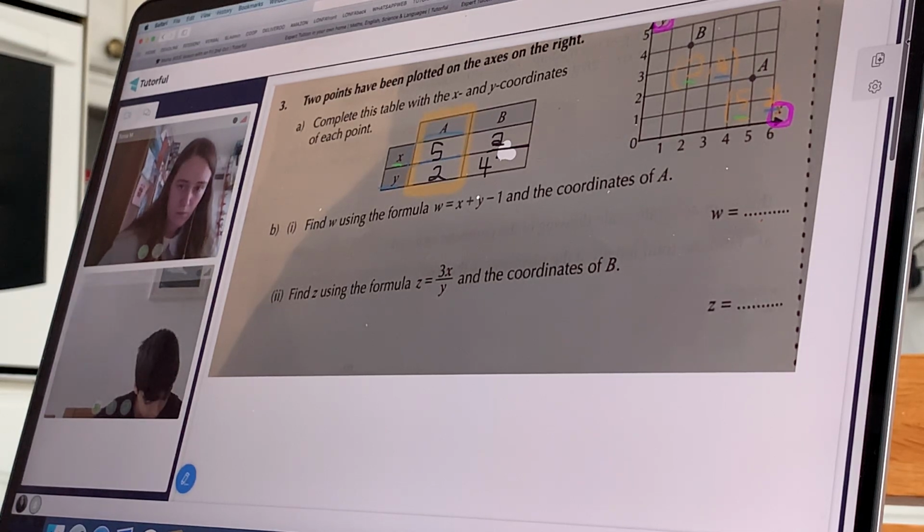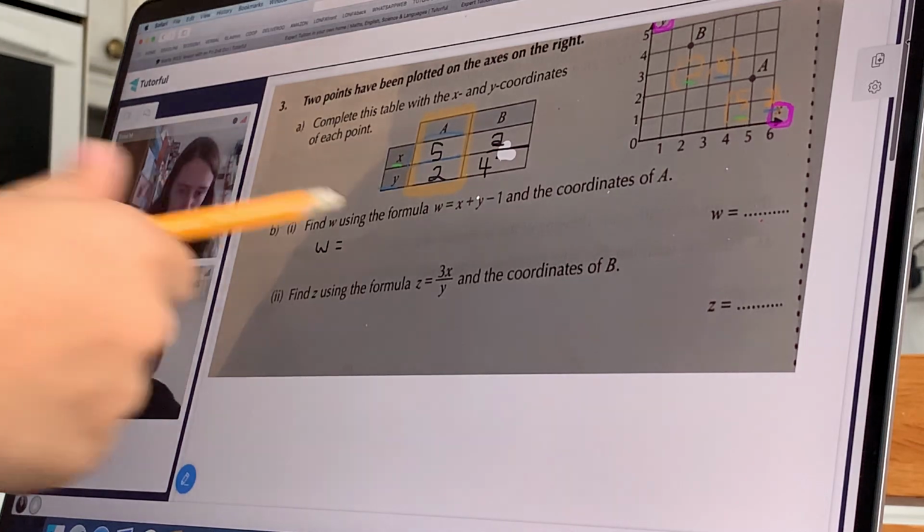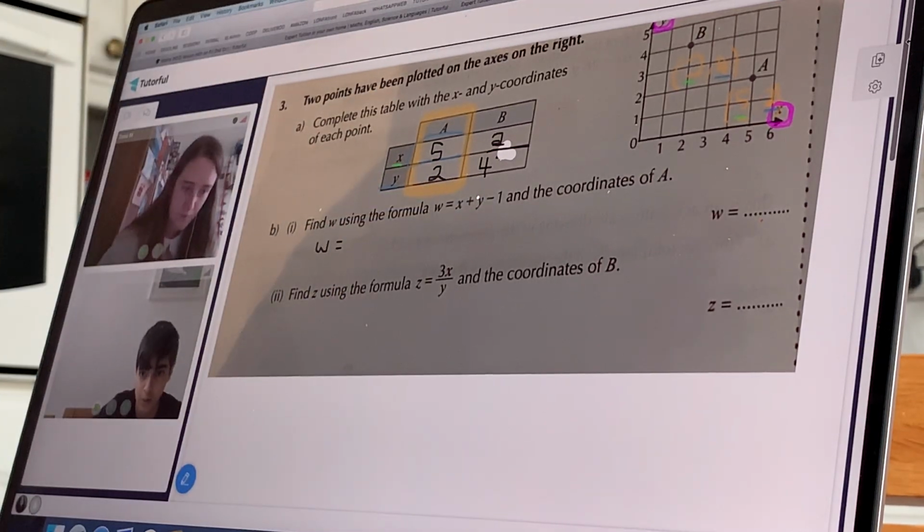What does the 1 represent? The 1 is this one here. This one is just a number, so we can leave that as it is. So we only focus on X plus Y, and once we figure out what that is, we subtract the 1.